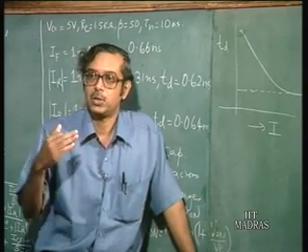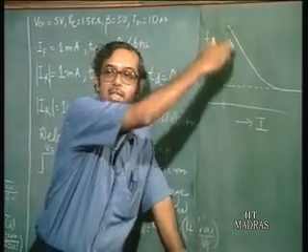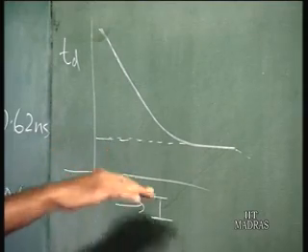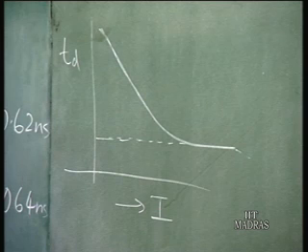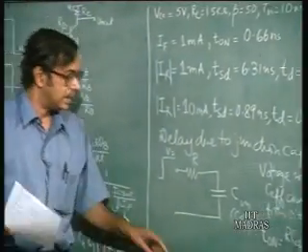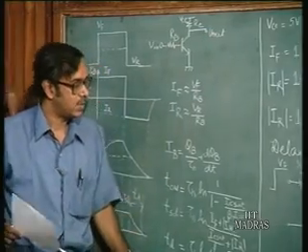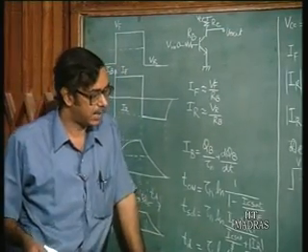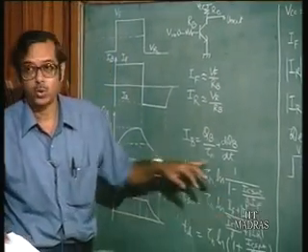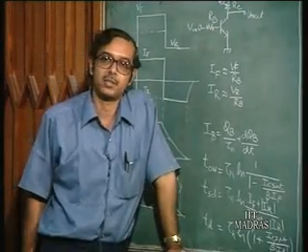You can go on increasing the current in a circuit, but initially the delay will fall, and finally it does not change any further, because the delay due to the stored charge is independent of current. So, in order to increase the speed of this circuit, we have to find mechanisms by which this stored charge delay is reduced or eliminated if possible.